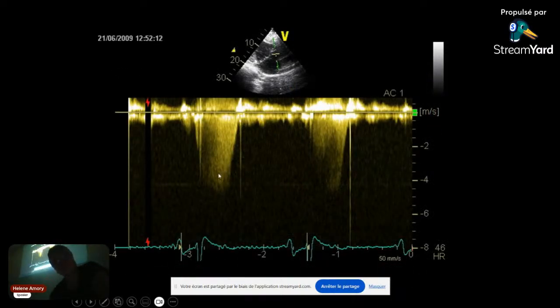This is the recording of the turbulent flow using continuous Doppler. You see that it's in the direction downwards. That's negative, that's normal. And this time it's holosystolic, as the murmur we heard was holosystolic. You remember the one with the mitral valve prolapse was only at the end. But here it's during all the systole.